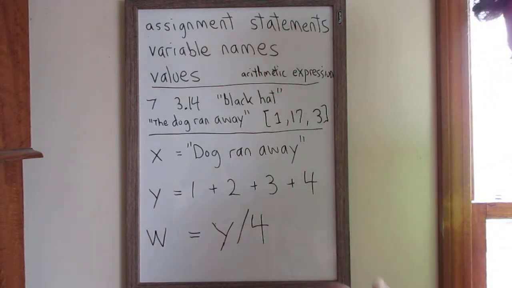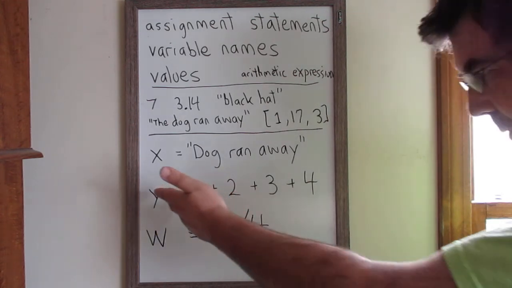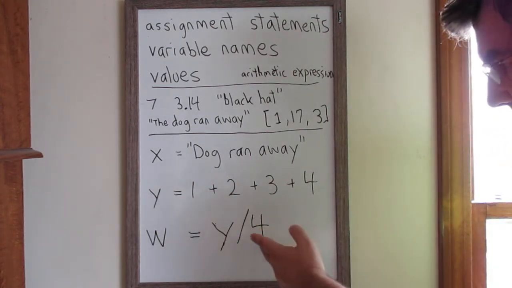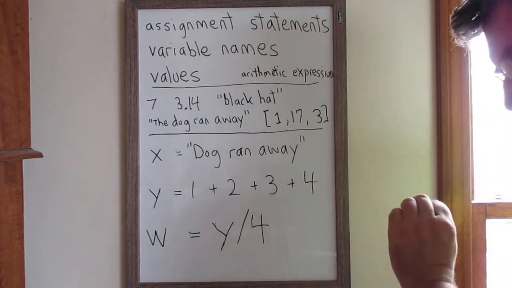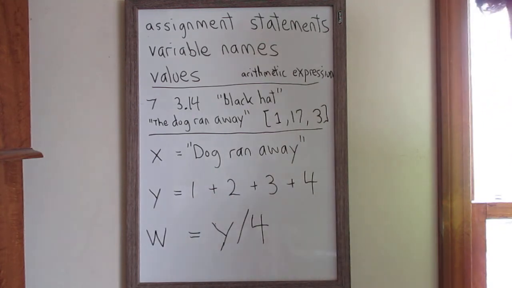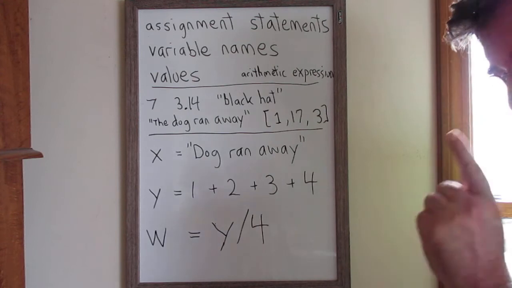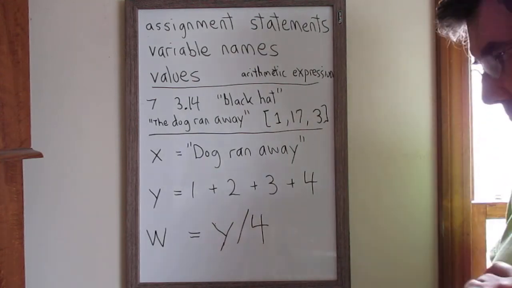Y divided by 4, you compute it. You substitute 10 for y, because that's what y refers to. 10 divided by 4 is the number 2.5. So w refers to the number 2.5. So both this and this are expressions that compute to a single number value.